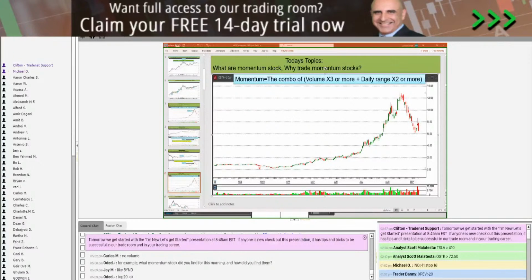More daily range and more volume means a better chance for us to make more money, because institutional traders are buying more, and those institutional traders are not interested in selling after 20 cents or 50 cents or even $2.